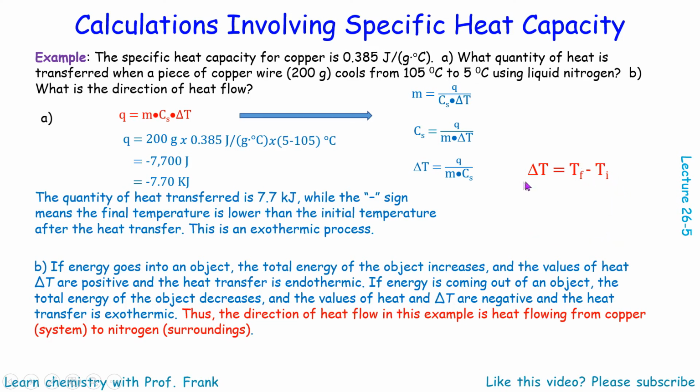But sometimes you are asked to find the final temperature or initial temperature. So from this key equation, you have to be able to write the equations for solving for Tf and Ti using simple math skills.